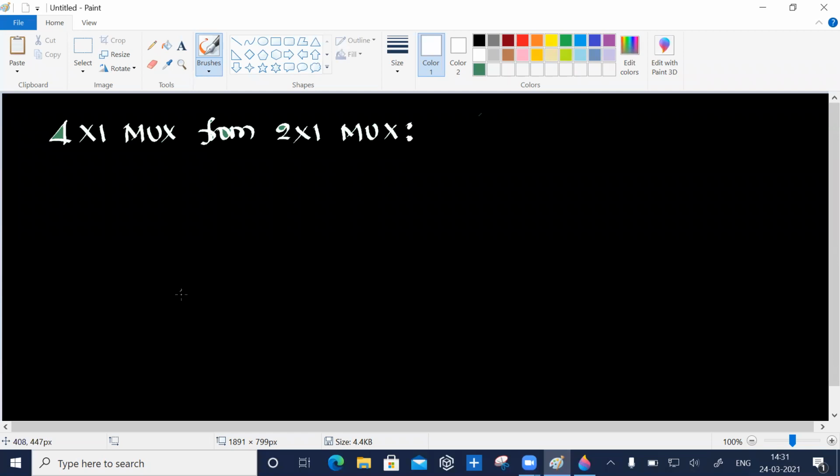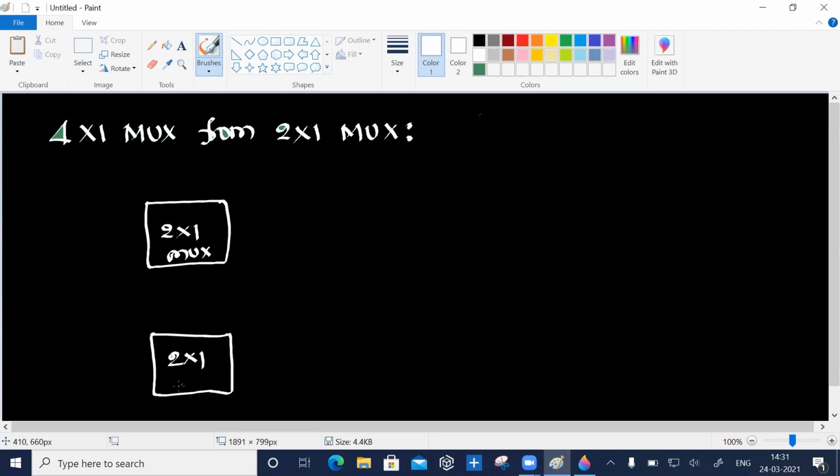I will do it like this here. That means I can take one 2 by 1 mux here, and I will take one 2 by 1 mux here, and I'll take one more 2 by 1 mux here.